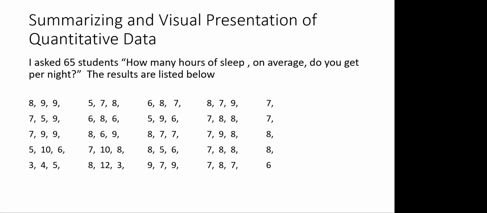That is, we're gonna do tally marks, construct a frequency distribution, and then construct a bar graph. But for quantitative data, we're going to use a histogram. But let's take it one step at a time.